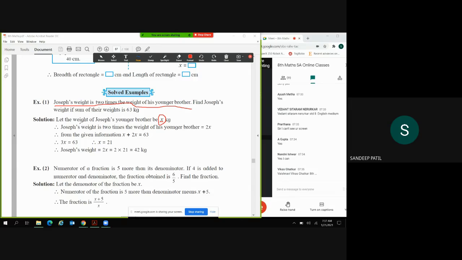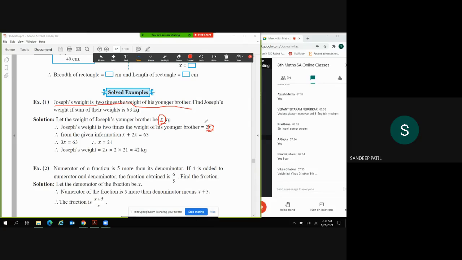So let the weight of Joseph's younger brother be X. Here we are assuming that Joseph's younger brother's weight is X kg, right? Then what will be Joseph's weight? It is 2 times the weight of the younger brother, so it will be 2 times X, because X is his younger brother's weight. So 2 into X is Joseph's weight, right?